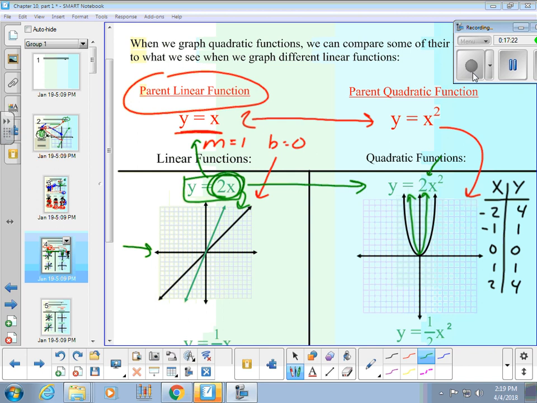just like all the points on a linear function, all the y values are increased from the parent function. They're all going up from what the normal function is, the parent function. Same thing here, all the y values are increasing, going up, so as we're going to find out, this is called a stretch. It's stretching all the points vertically. And so I'm going to call this a vertical stretch.